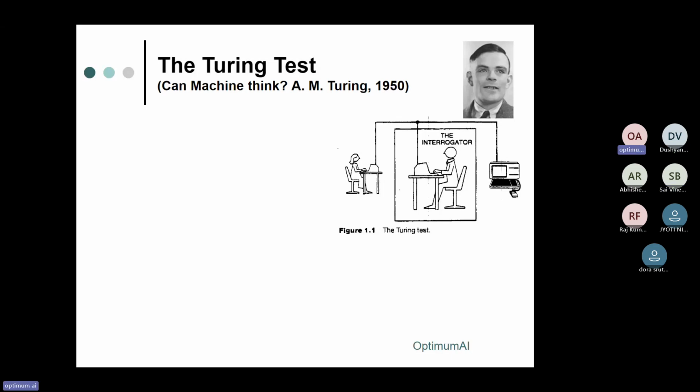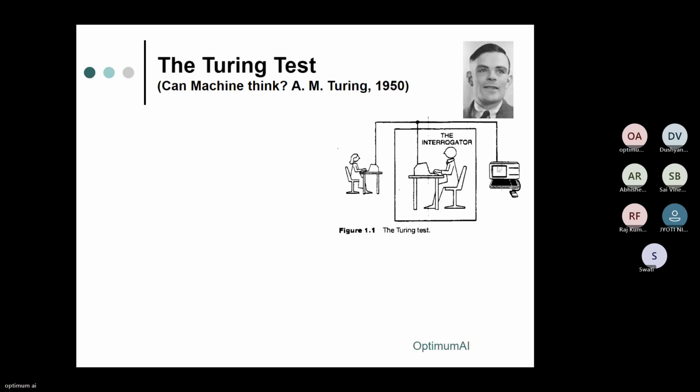You can see that if the interrogator says both works were done by a human, then he is able to judge the computer as a human. He doesn't know that at the other end a computer or robot is working.